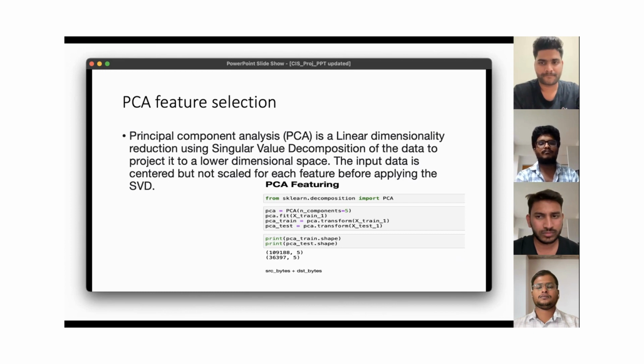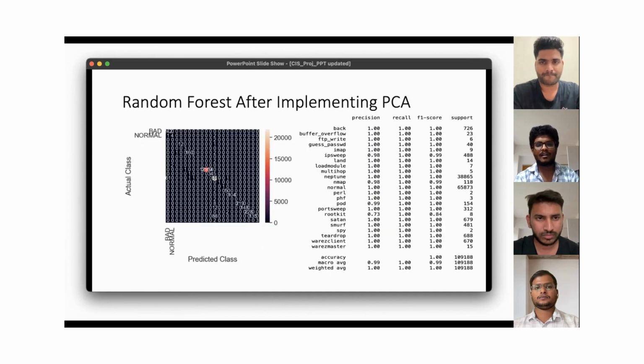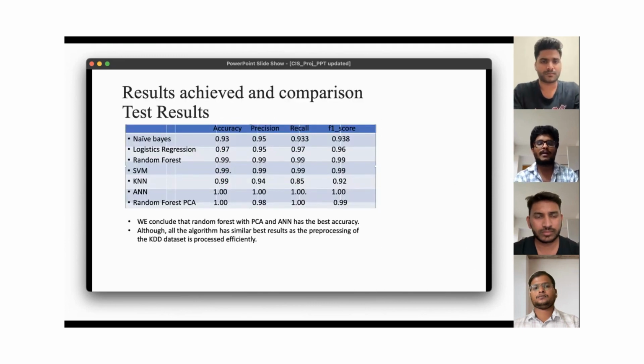We could see the PCA algorithm on the screen, and after applying the feature selection by PCA, we fitted the random forest to the model and got an accuracy of 100%. This is the confusion matrix and classification report of PCA.